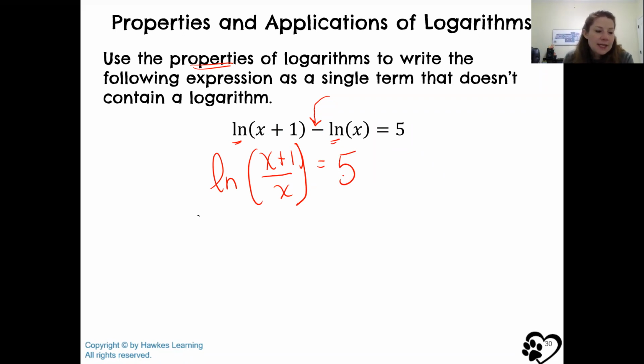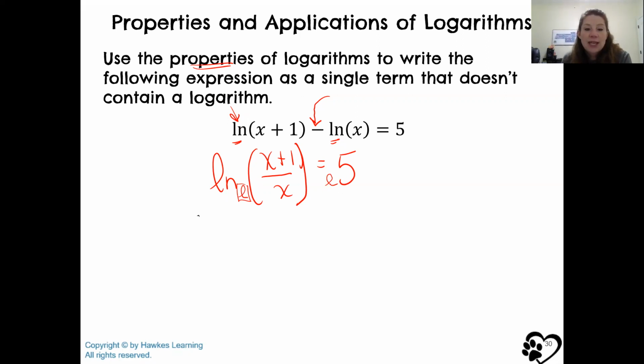All right, so on this one, in order to get rid of the ln, if it doesn't have a base right here, that means it's the ln of the natural e. So I'm going to find the natural e using the exponent of 5.